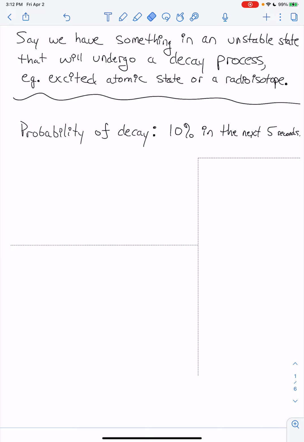And let's say that the probability of a decay for this object is 10% sometime in the next 5 seconds. So what does that look like? Well, let's say that we've got some sort of rate of decay, and that's going to be equal to the probability that we were given divided by delta t.